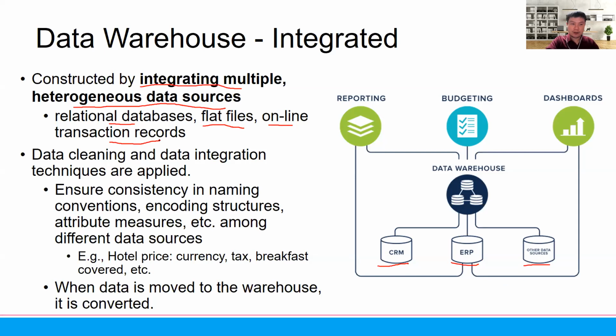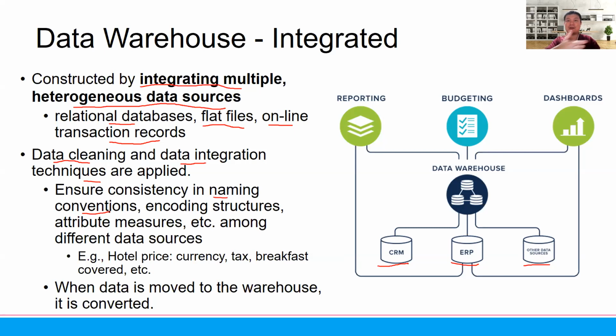When we deal with this integration, we will do data cleaning and data integration techniques to ensure consistency, like the naming convention. We also learned about data integration consistency with the example of two universities that merged together.